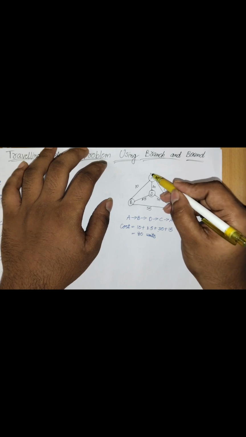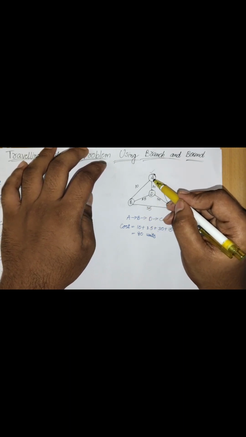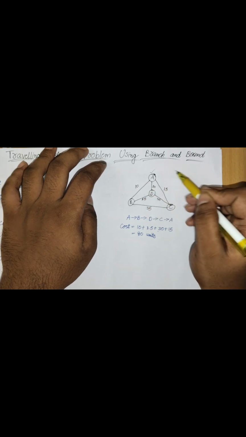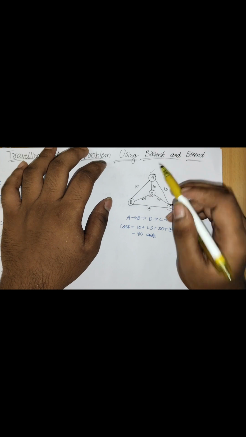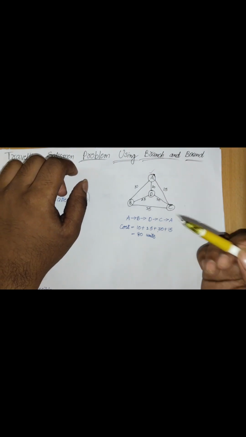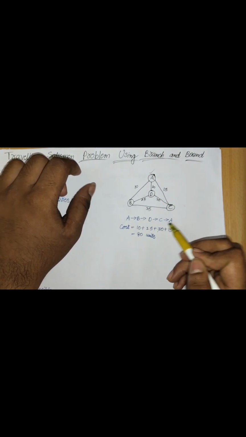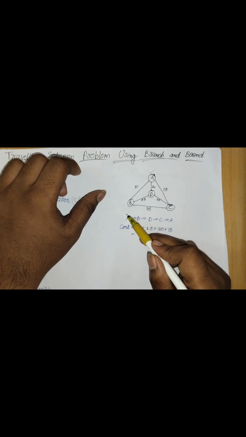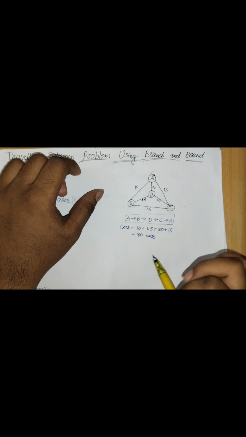Let us suppose he started his journey from city A. From city A, he has to visit each and every city, and he has to return to his starting point, city A. Applying the traveling salesman algorithm using branch and bound, you will get the path A to B, B to D, D to C, C to A. This is the shortest possible path to complete his total tour covering the shortest distance.